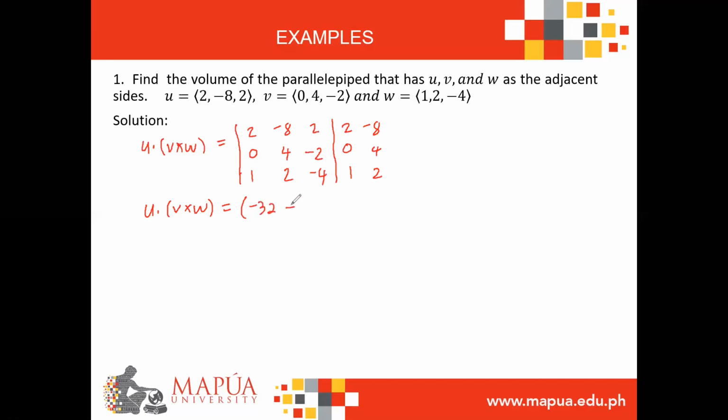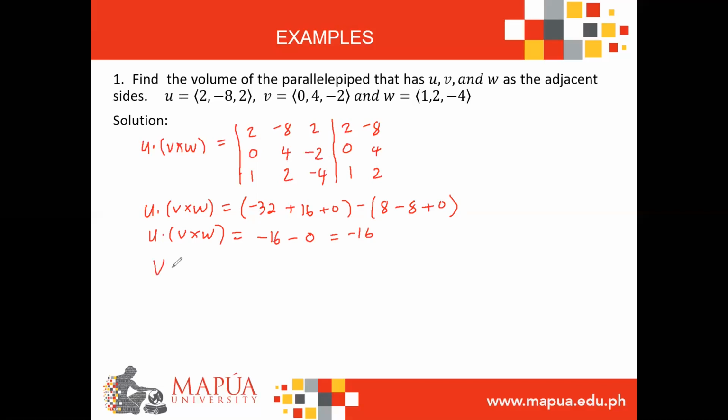Then plus, this is 16. Then plus 0. Then minus, we have this as 8. Then this is negative 8. Then you have this as 0. So with that, u dot v cross w equals negative 32 plus 16 is negative 16. Then minus 8 minus 8 is 0. So the answer is negative 16.